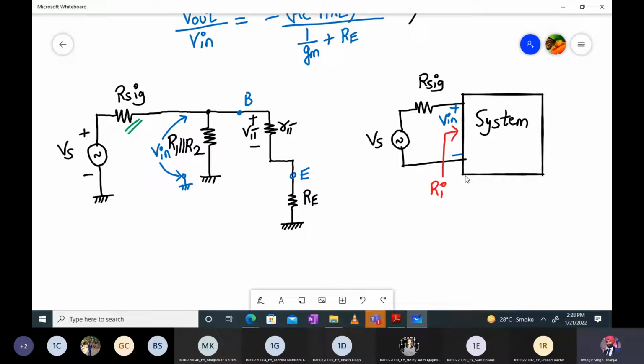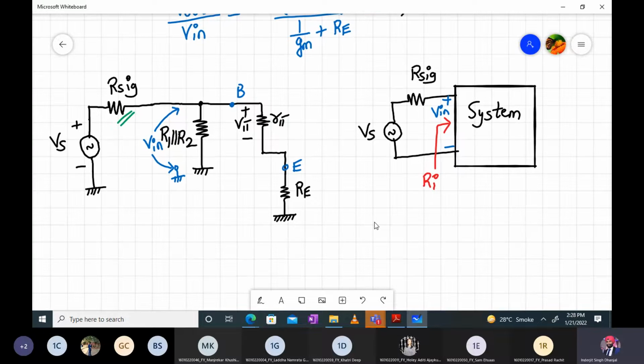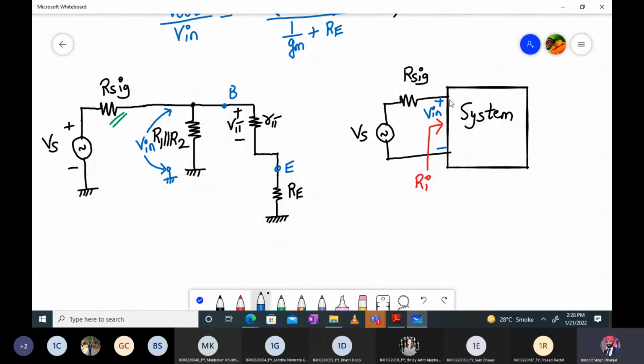So what I'm going to do now is, this is a simple voltage division, right? I can draw the following circuit as follows also. So here I can represent Ri in this form. So let's say we have a resistance Ri over here. So how can I write V in and Vs?